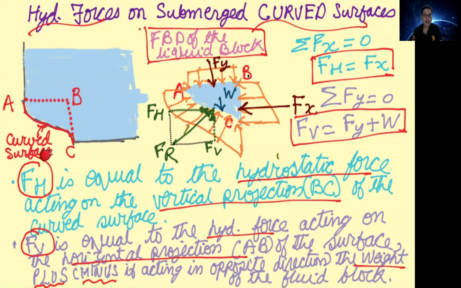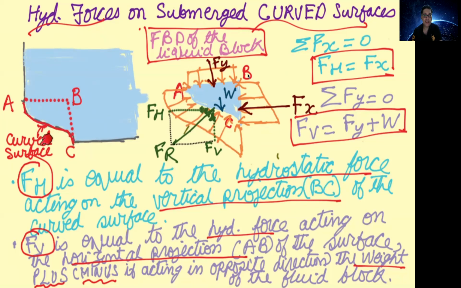Note that here it is plus, but we can have a situation where, right now in this case, the liquid is above this curved surface, but we can also have a situation where the liquid is below the curved surface. So let us say the liquid is below this surface here. Instead of liquid above, if I have liquid below, then your horizontal projection will be here, and the fluid block that you will consider will be the fluid region below this curved surface.